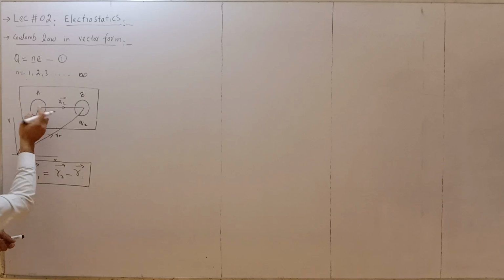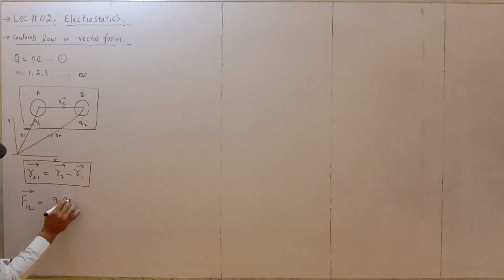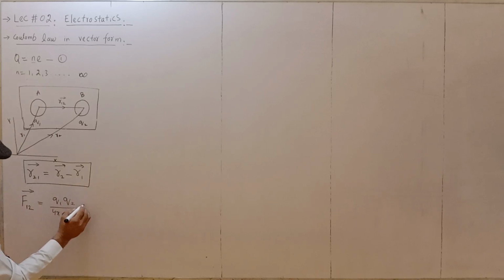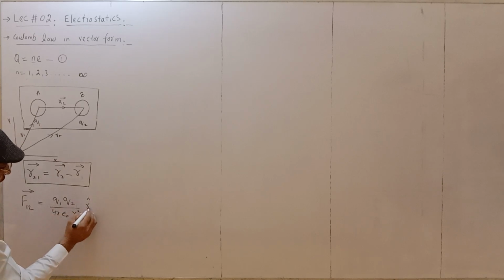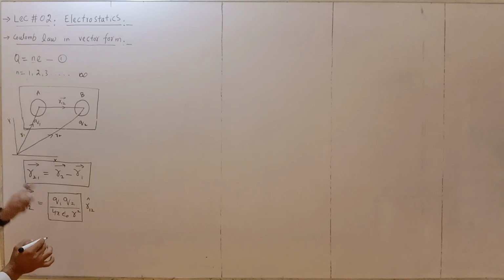So what will be the direction of the force? The force exerted on body 1 due to body 2 is equal to Q1 Q2 divided by 4 pi epsilon, and here I take the magnitude of R, but here I will take a unit vector, R12 hat. This is basically the magnitude of the electrostatic force which we calculated in lecture number 1.